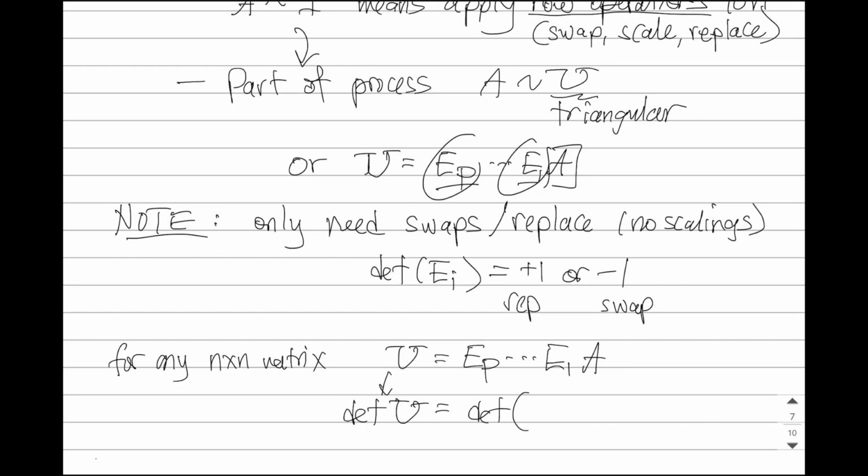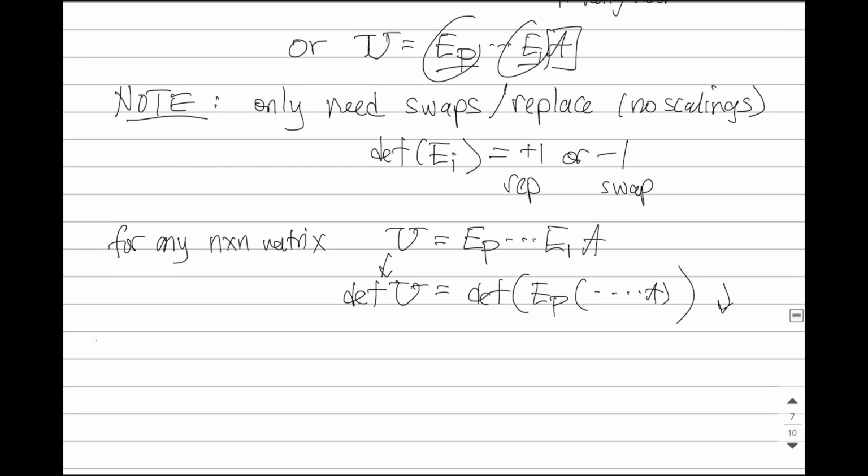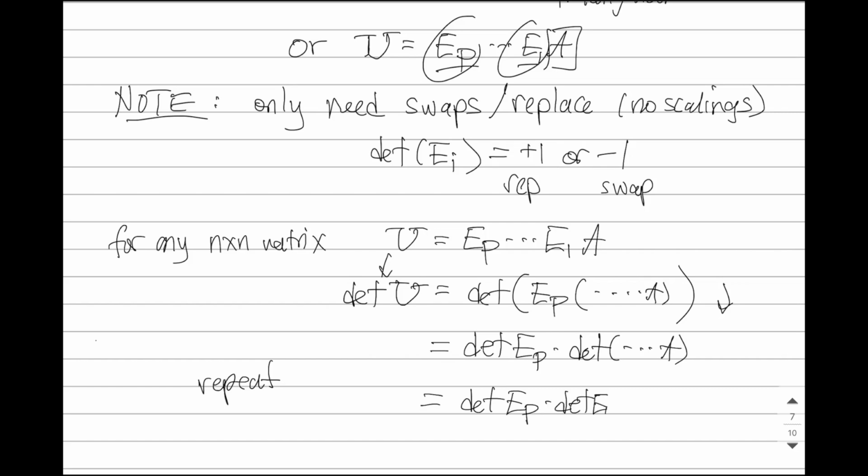This is going to be some elementary matrix multiplied with all these other ones onto A. Now, we said that if you ever have an elementary matrix times a matrix, these determinants get to split. So it's the determinant of all the rest of them times A. Now, if I just repeat this, I can generalize this all the way down. I'll have all of these individual determinants multiplied together times the determinant of the matrix A.